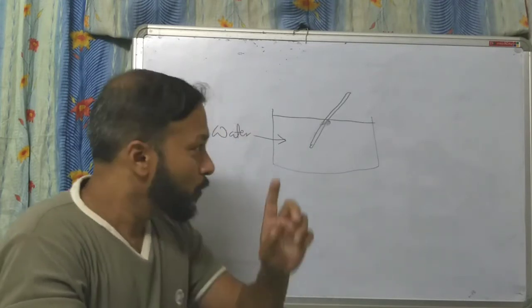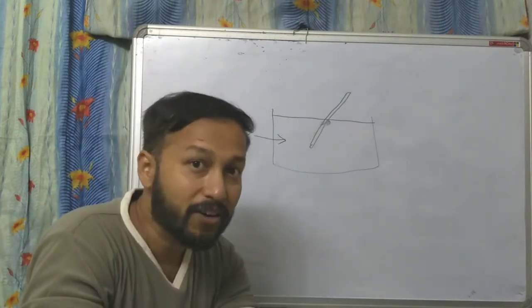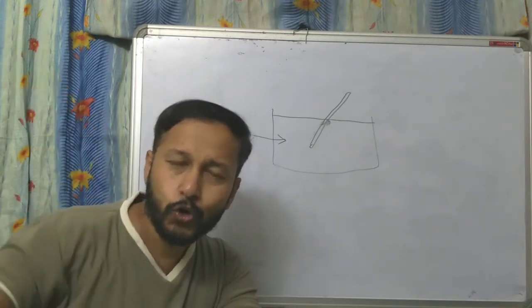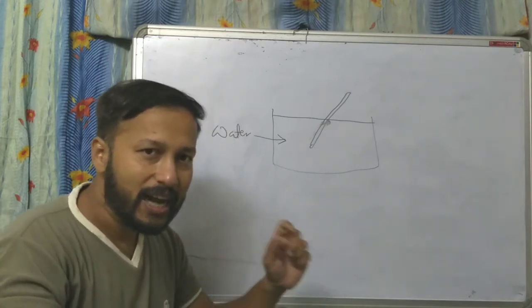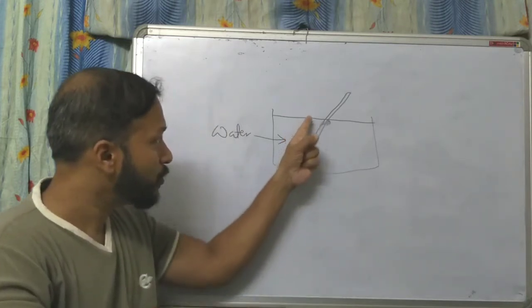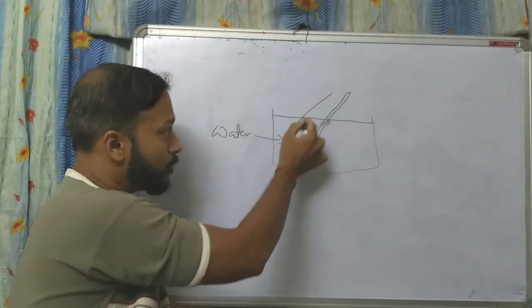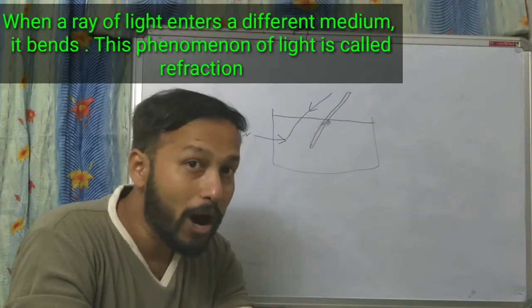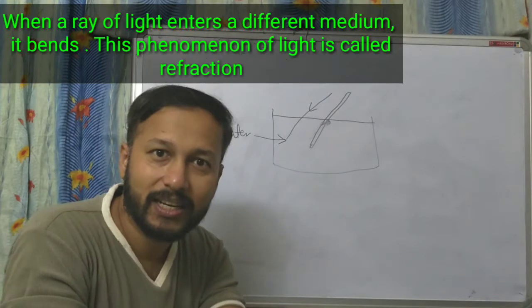So, for the definition of refraction of light, we will write that when a ray of light goes from one medium to another medium. See here, light is traveling from air to glass. Understood? So when light travels from one medium to another medium, then it bends.